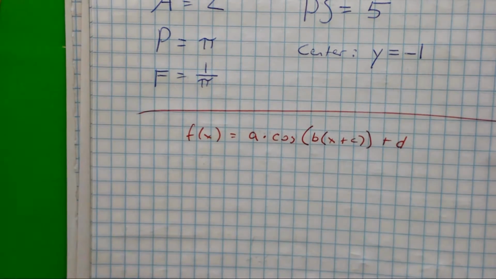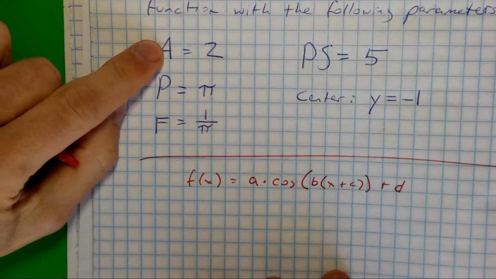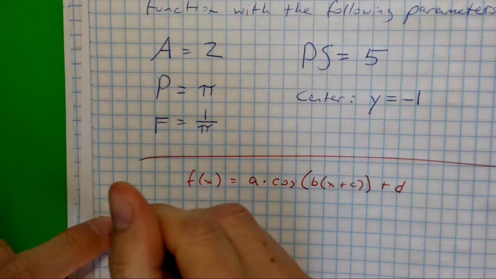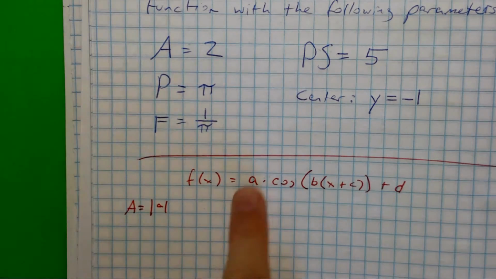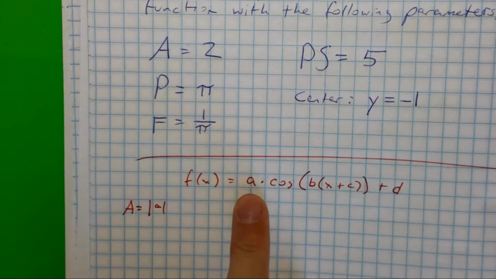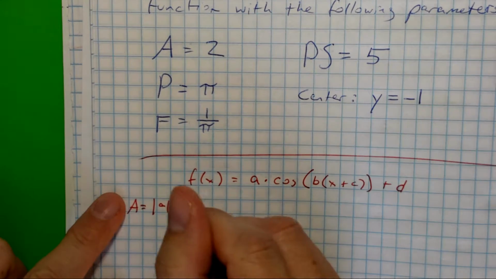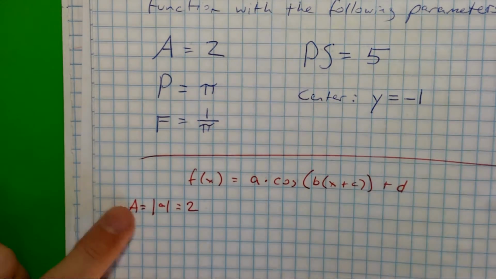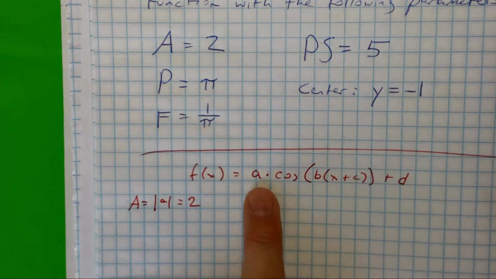So the first thing I have, I've got the amplitude. That's 2. And in case you don't remember, the formula for the amplitude is just the absolute value of A. In other words, the amplitude is going to come from some sort of vertical stretch. And that's what this A value is right here. So basically what I'm doing here is I'm going to take my formula and solve for whatever the letter is, and then plug that letter into my function.